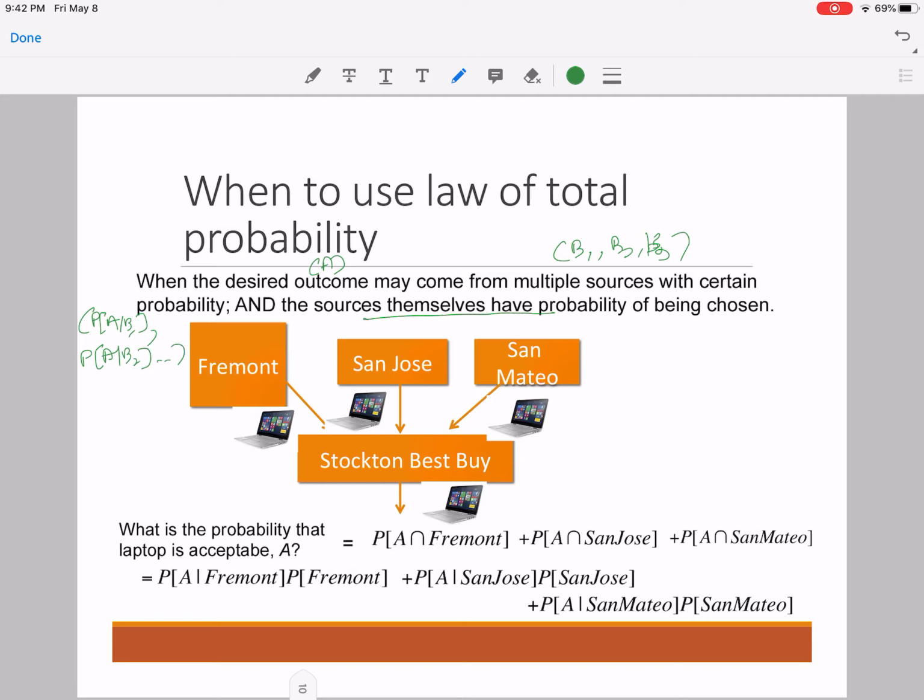And these sources themselves have a probability of being chosen, meaning that I will have the probability of B1, the probability of B2, and so on. Then in that case, you should apply the law of total probability. So the law of total probability is used when a desired outcome may come from multiple sources and those sources themselves have a probability of being selected.